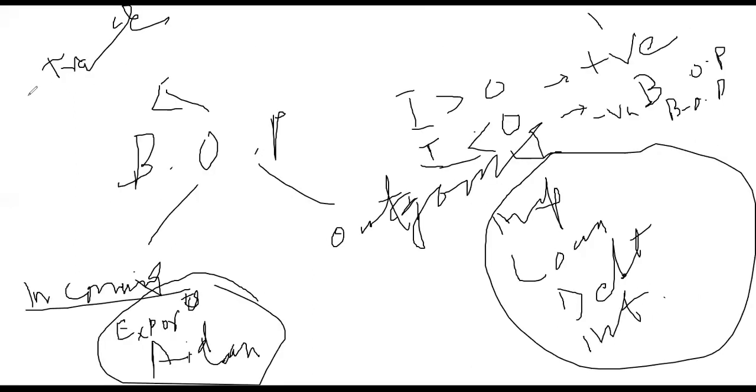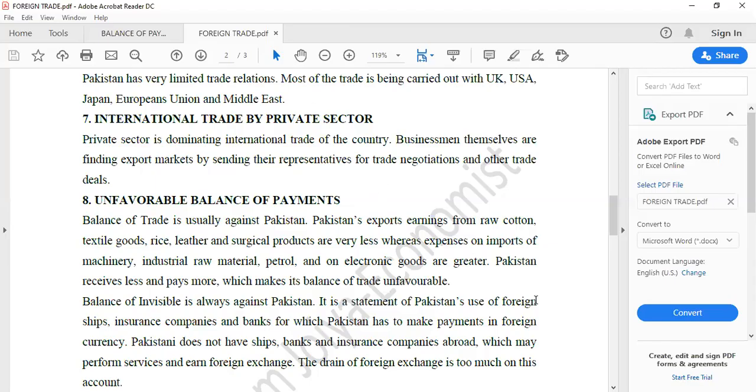Only one portion is based upon imports and one upon exports, whereas there are certain other items in balance of payments as well. The point here is that we have an unfavorable balance of payments.